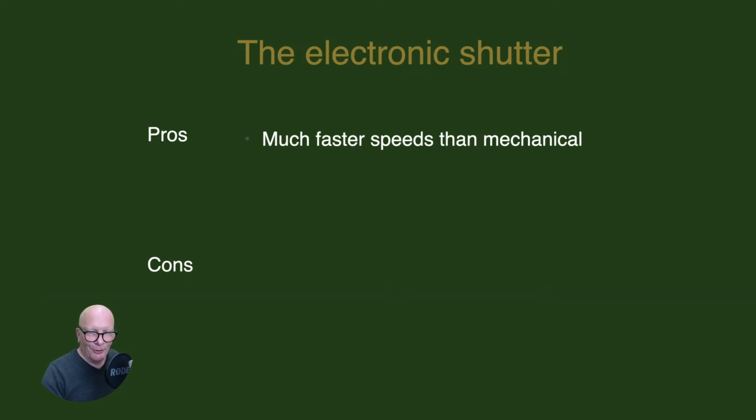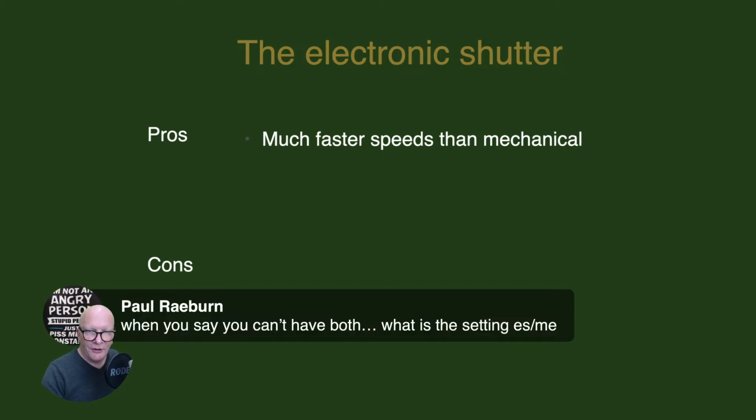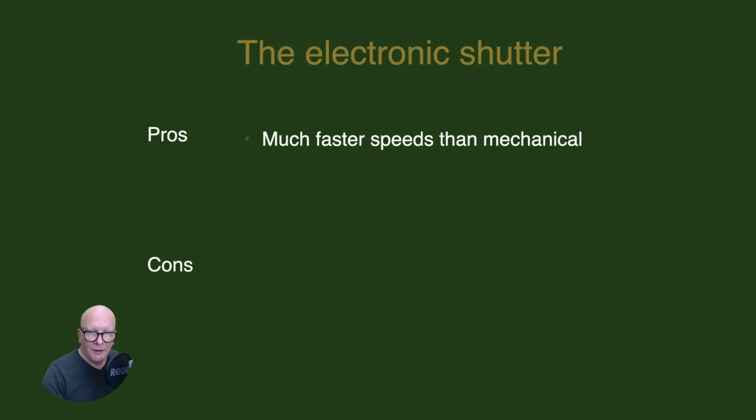So Paul's saying, when you say you can't have both, what is the setting? What is the setting for electronic shutter or mechanical? So if you've got a Fuji, which I think you might have, Paul, I'm trying to remember.